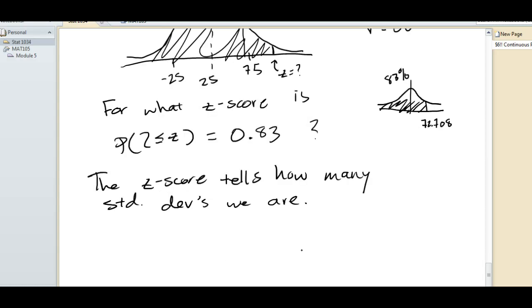So how are we going to do that? Well, what is our mean? Our mean is at 25. So what we do to get the z-score is we take 72.708, figure out how far it is away from the mean, 25, and then we divide by the number of standard deviations it is. And that'll tell me the z-score.